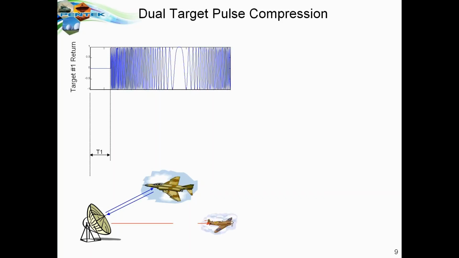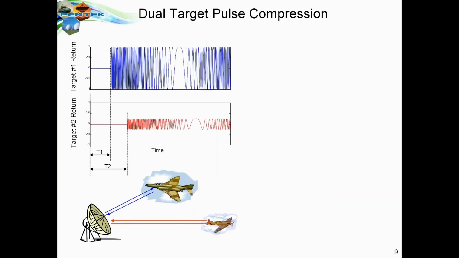We have another target that's farther away that returns a signal starting at a later time t2, returning its own chirp from that particular radar signal. Now these two signals are superimposed on top of each other in the return feed that comes down from the antenna to the signal processing system.